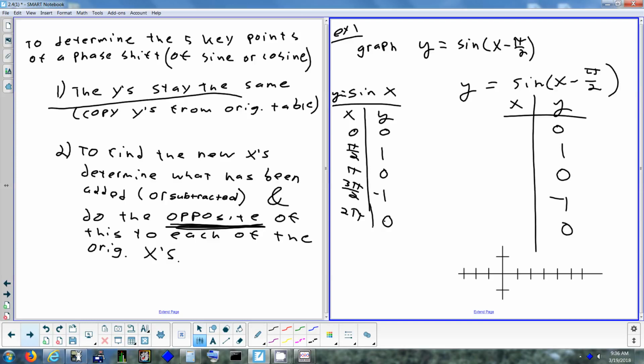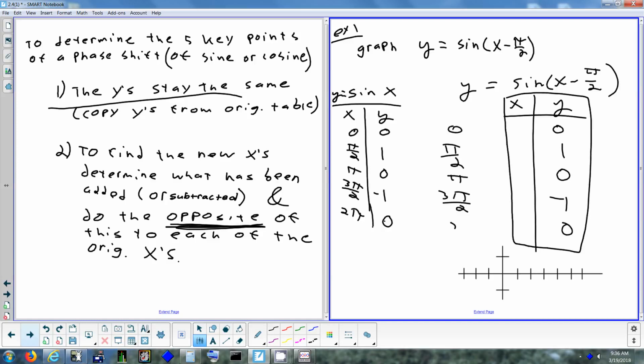All right, so let's take our x's. I'm going to put the final answers in that box in the table. I'm just putting the numbers next to the box that I need to do the calculation. So pi, 3 pi over 2, 2 pi.